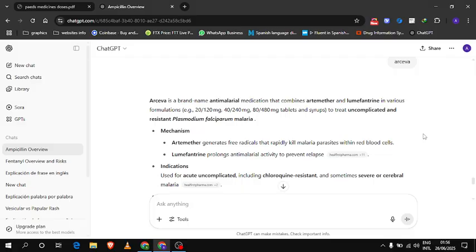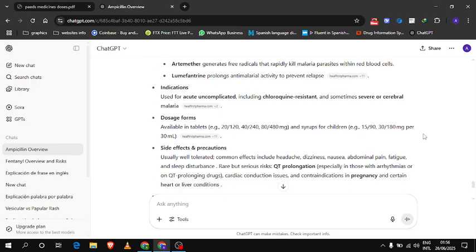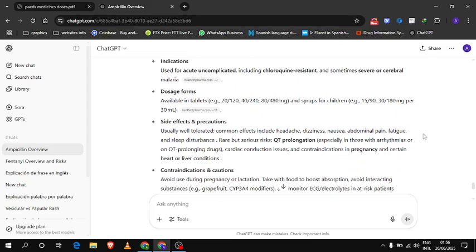Indication: used for acute uncomplicated malaria including chloroquine resistant and sometimes severe or cerebral malaria. Side effects, you can pause the video and read the side effects and contraindications.